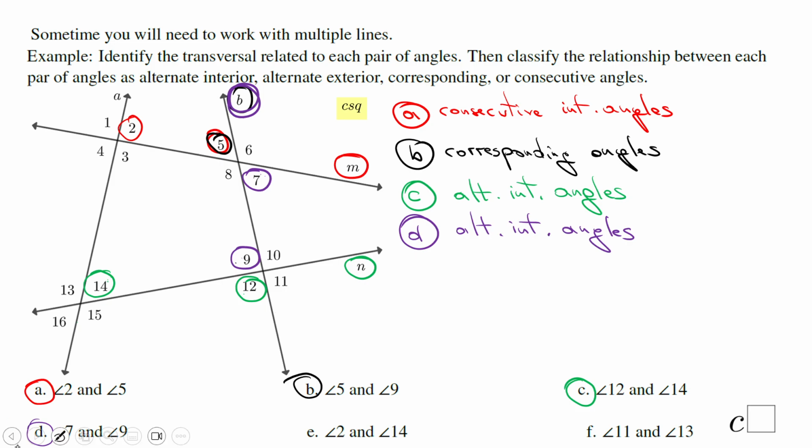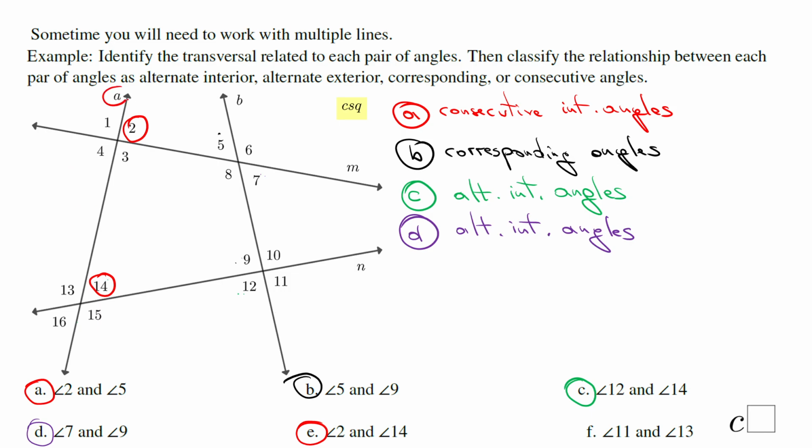We have two more, so let me erase this picture to get a little bit more clarity, I guess. And let's move to part E, which says angle 2 and 14. Angle 2 and angle 14. Okay, which one is going to be the transversal now?